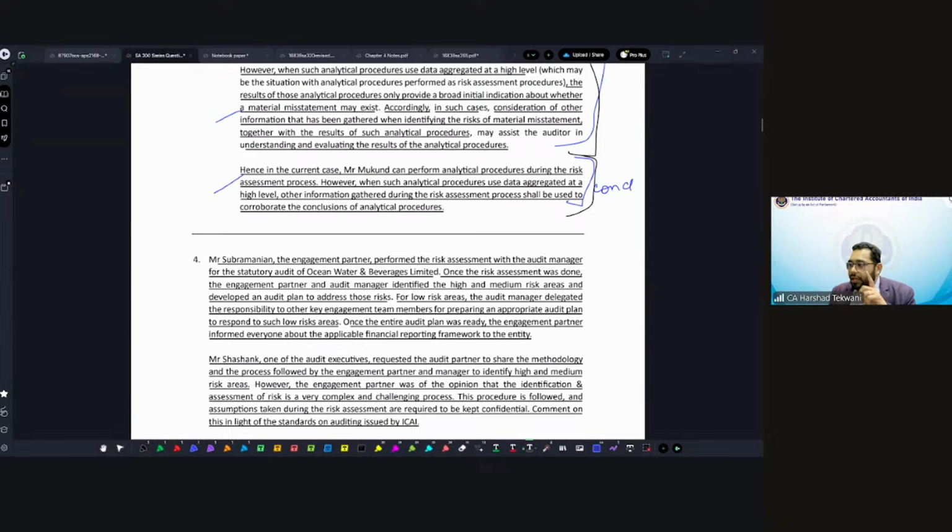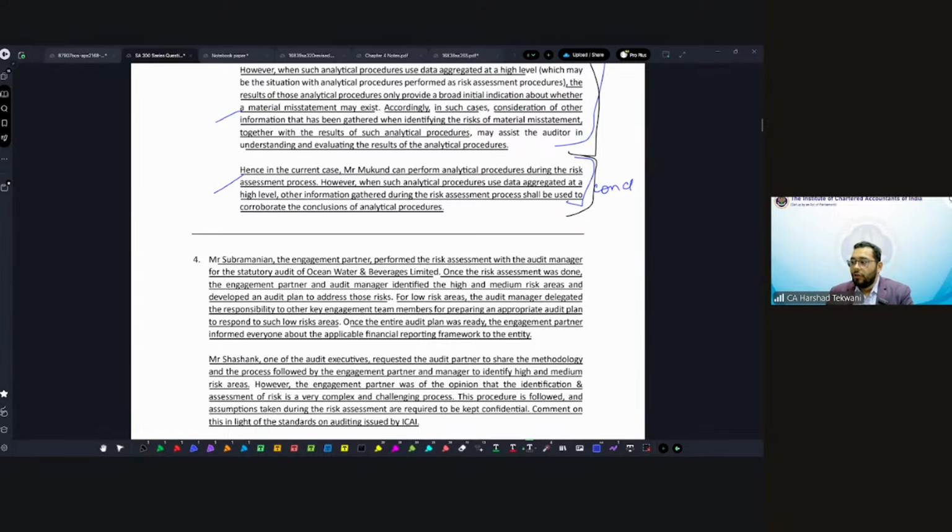Okay. See, now here what is happening? First of all, understand. Once the risk assessment was done, once the high and medium areas are identified, then the low areas were delegated to other key engagement team members for preparing an appropriate audit plan. Once that was also done, then the engagement partner informed everyone about the applicable financial reporting framework.